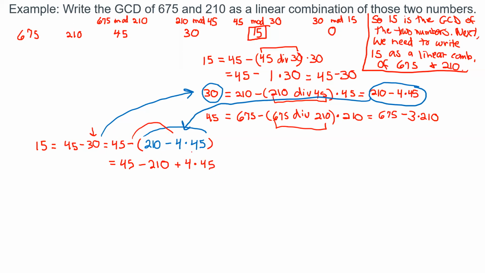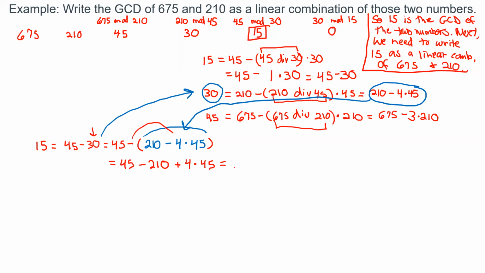So I'm just cleaning this up. Again, keeping my numbers, the 210 and the 45. I got to keep those there. I don't want to start multiplying and getting rid of those numbers. I need those. But now, remember, we only want to write 45 once. And I have 45 and then plus 4 times 45. So I'm going to put those together and say that there's 5 of them, right? 5 45s.